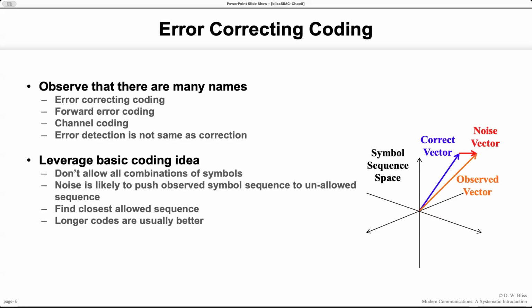All right. So if you imagine some symbol sequence, here I have a projection onto the two-space of three symbols, but really we have some large number of symbols, but I can't draw it. There's the correct vector, and then because of noise of some sort, it gets moved off, and you observe some other vector.